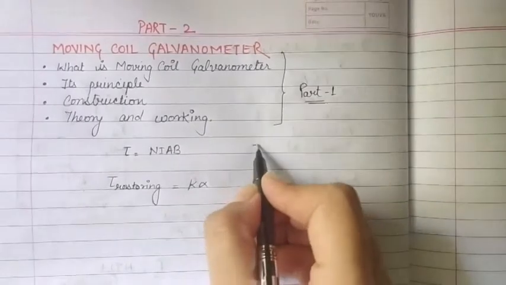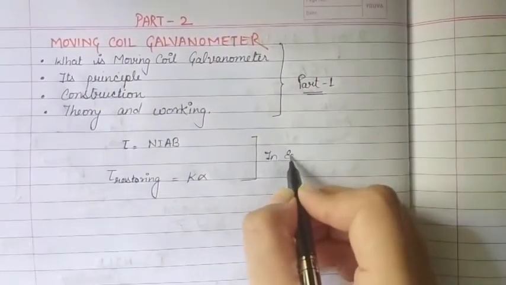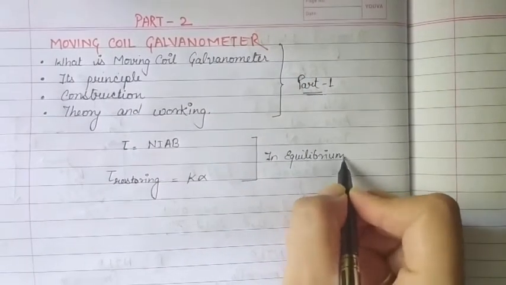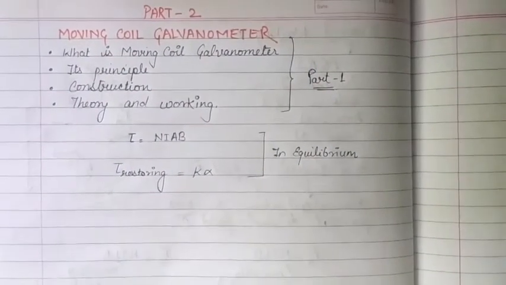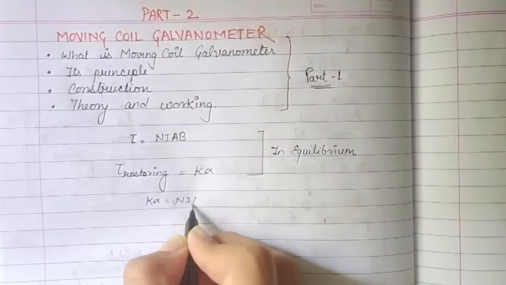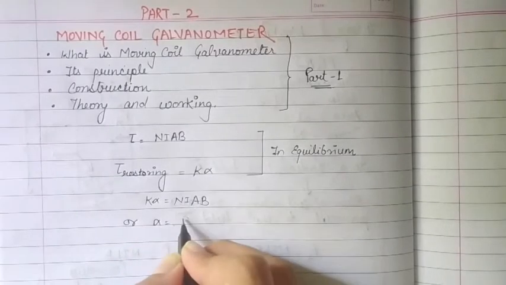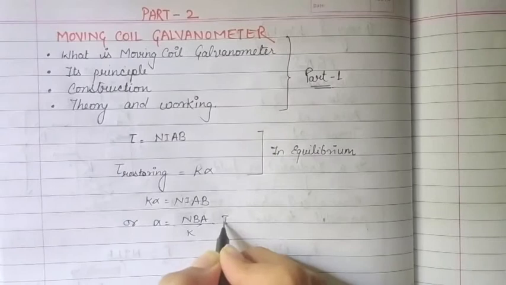In equilibrium these two torques are equal, so K alpha is equal to NIAB, or alpha is equal to NBA upon K into I.